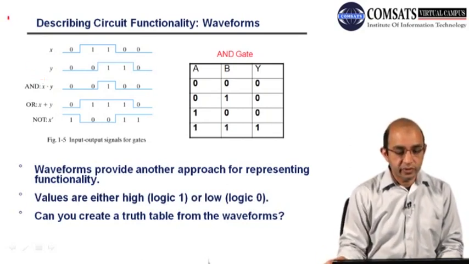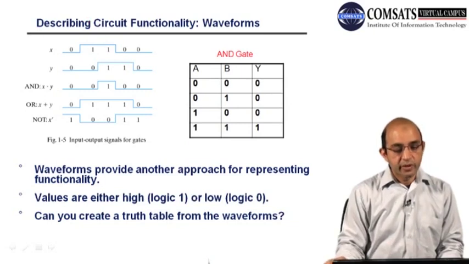You can use waveforms, right? So you can see that we have one waveform here, another waveform here, and this is the resultant. If you look at here, this is the level 0, and this is the level 1. So 0, 0, we will get the 0.